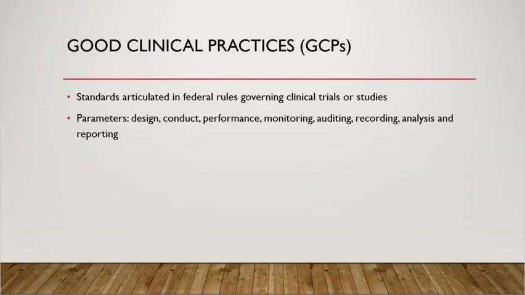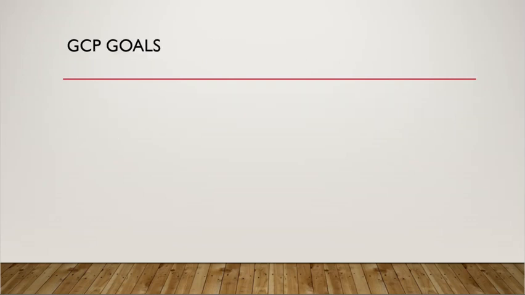They have ever so many parameters, and I've put them in this second bullet point, and you can see how logical those parameters are. It begins with the design, the conduct, performance, and goes all the way through recording, analysis, and reporting. So that's important to keep this overview in mind as we talk about GCPs.